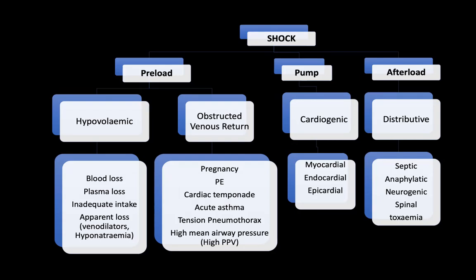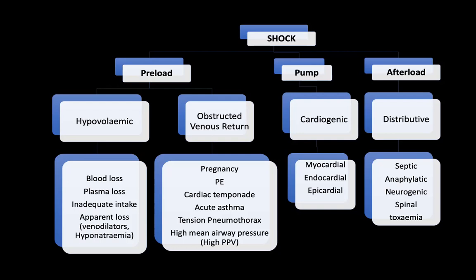Moving over to the cardiogenic shock category, this can be broken down even further, going by the basis of the anatomy of the heart. So myocardial causes can include ventricular failure, myocardial ischemia, myocardial infarct, conductivity problems in relation to medications or toxins, myocarditis, and cardiomyopathy.